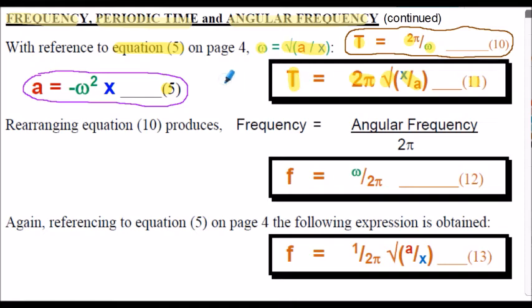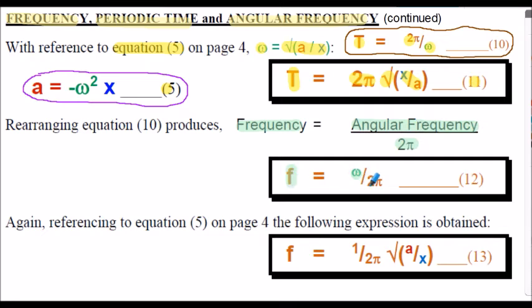And again, recalling our relationships between periodic time T and frequency f, we know they're reciprocals of each other. So if T is 2 pi upon omega, then frequency is omega upon 2 pi, angular frequency upon 2 pi. So we also have an equation for frequency in terms of omega.